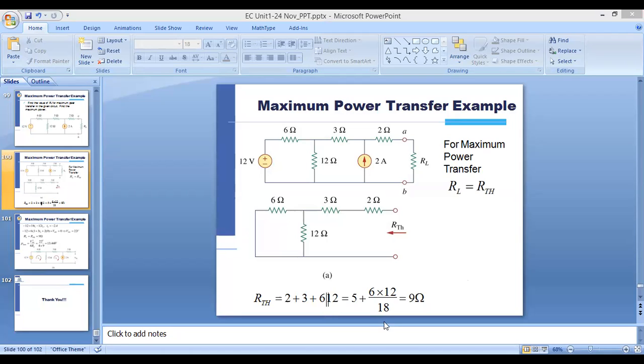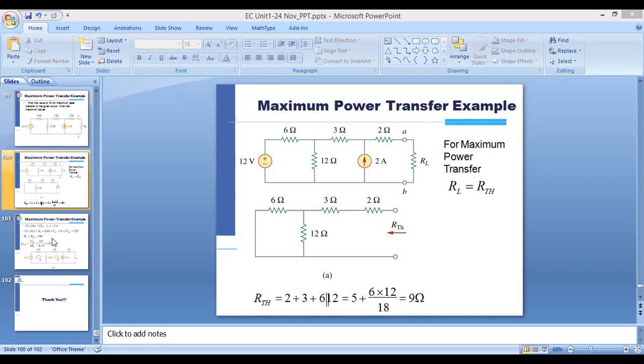These 6 and 12 are in parallel, so you can calculate 6 into 12 upon 6 plus 12, that is 18. So 6 into 12 divided by 18, plus 5. So you will get the value of the Thevenin equivalent resistance, that will be 9 ohm. Sorry, not 5, 9 ohm. So the Thevenin resistance will be 9 ohm.